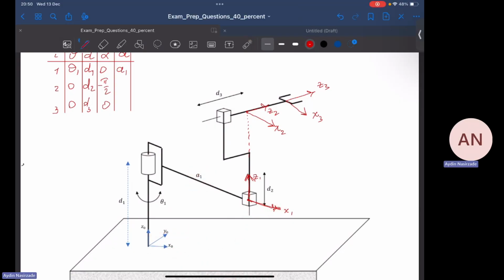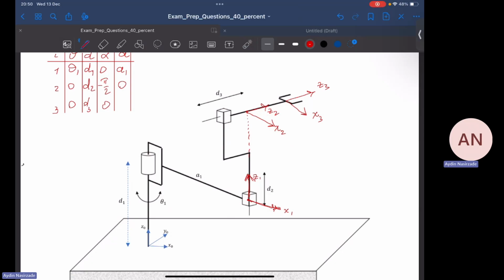Next one, A2. The question for A2, along X2 in this direction: how much do I have to translate the origin of frame 1 so that it can be aligned with the origin of frame 2? The answer is 0 because they are already at the same point of the X2 axis, so there is no need for any translation.